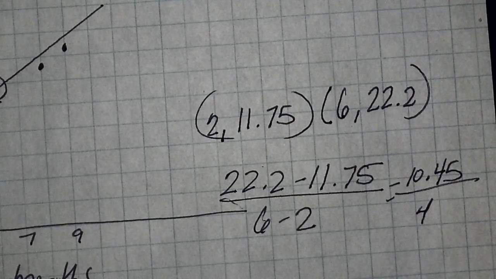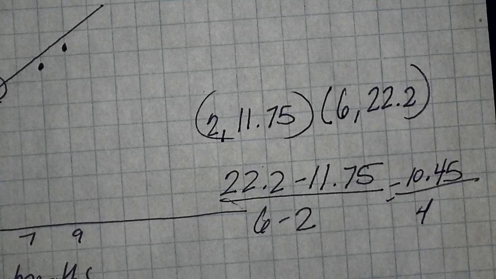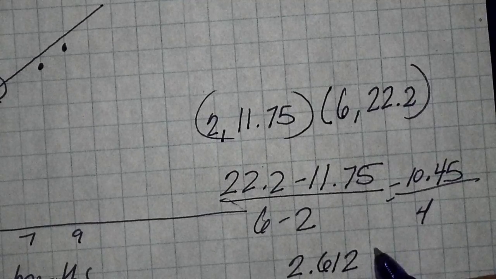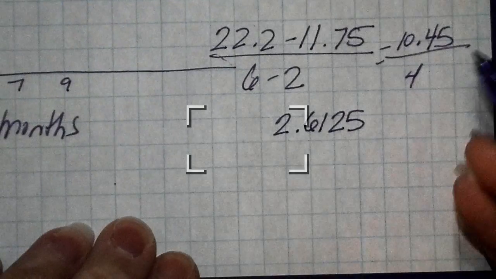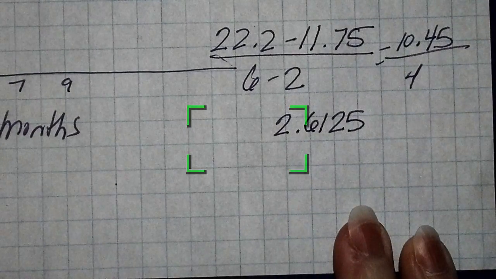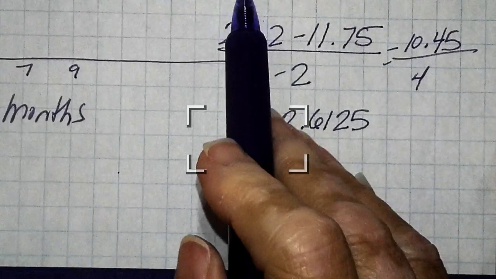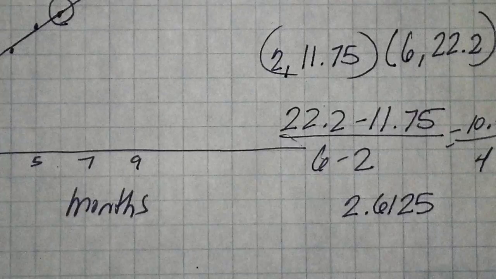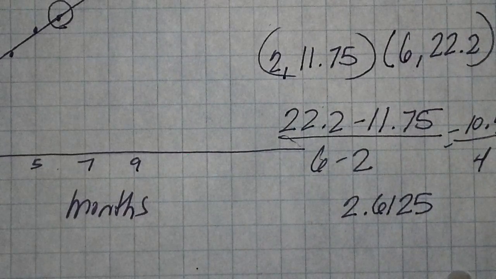So we're going to divide that by 4. 10.45 divided by 4 is 2.6125. So that would be the slope. Now we're going to take one of these points, let's use the 2 and 11.75, and substitute it back into the point-slope formula to get the equation.